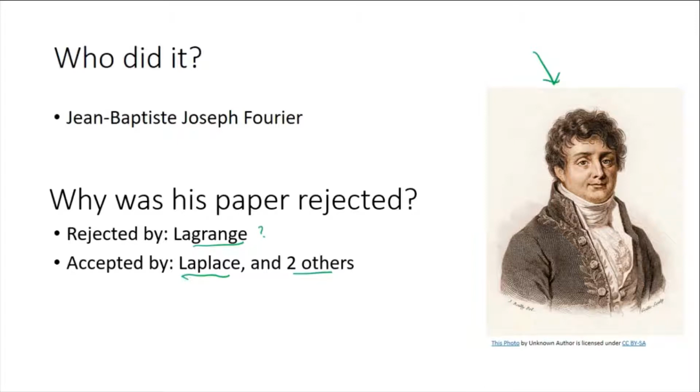So it took 15 years for it to get published, and later on in this lecture, let's see if we can look at what exactly Fourier found out. But 15 years is a long time to wait for a paper to get published, if you ask anybody right now.